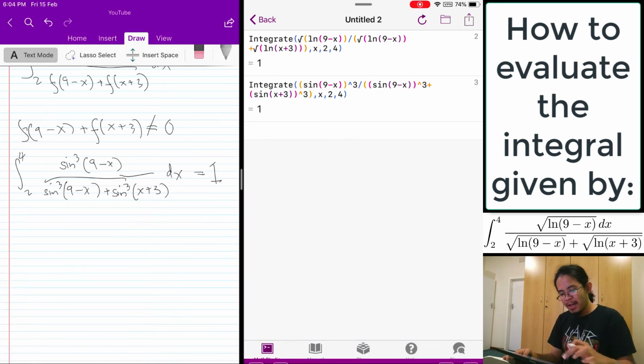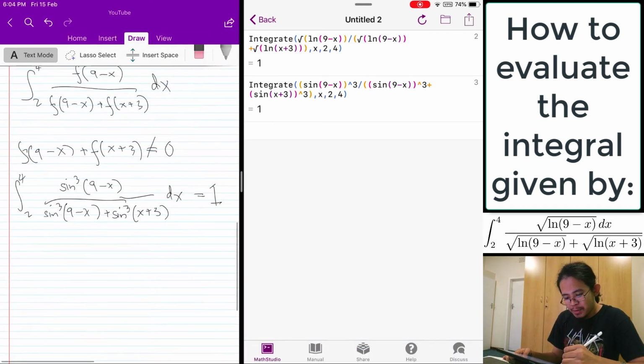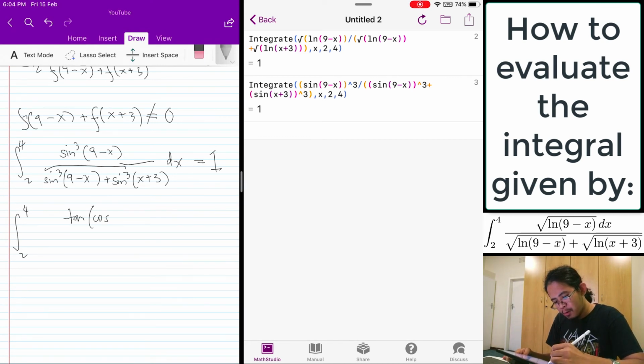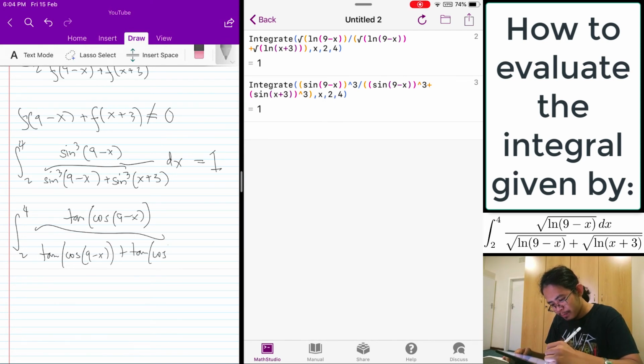So again, as long as your function is continuous, you can be as crazy as you want. You can give this as an assignment: solve tan of cos of 9 minus x over tan of cos of 9 minus x plus tan of cos of x plus 3.